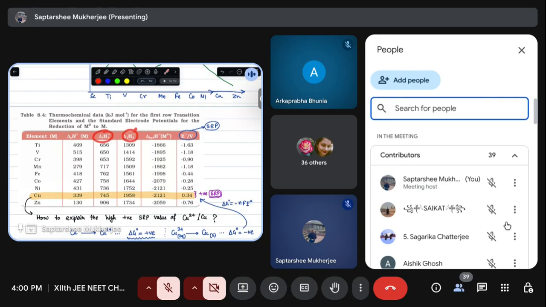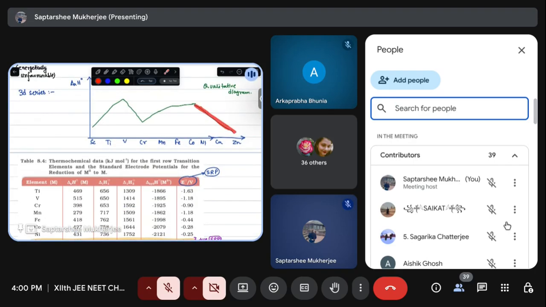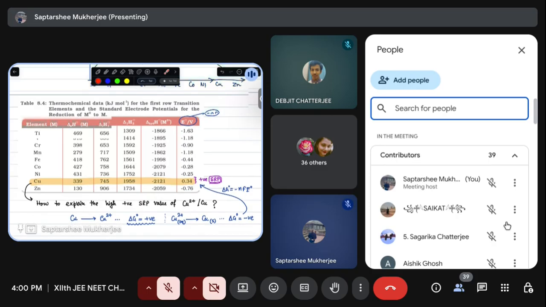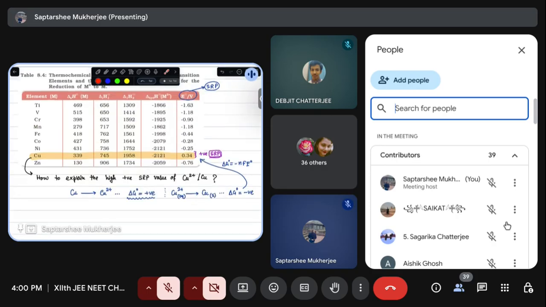The atomization enthalpy of copper, being at the terminal part of the series, will be low, so from solid to gas it will easily be formed. But ionization enthalpy also increases from left to right, so for copper the first two ionization enthalpy values collectively will be very high. Can you follow? And definitely that high ionization enthalpy value should not get compensated by hydration enthalpy.